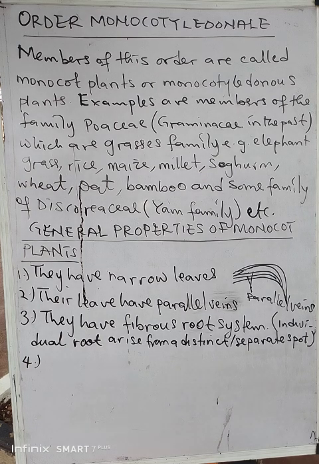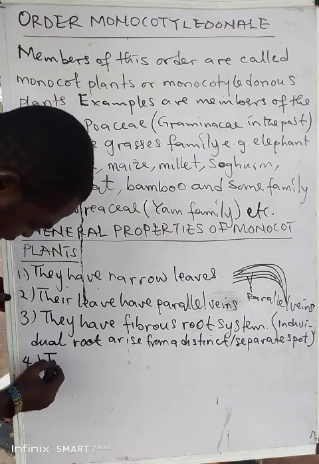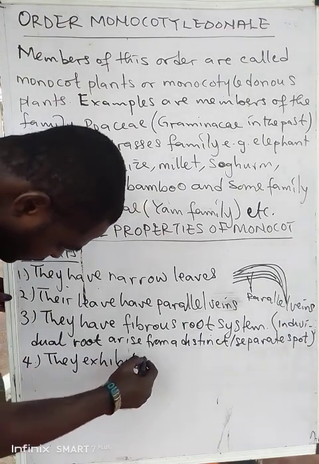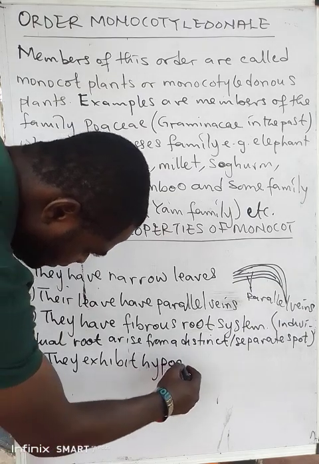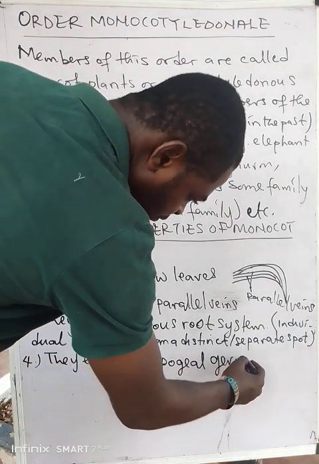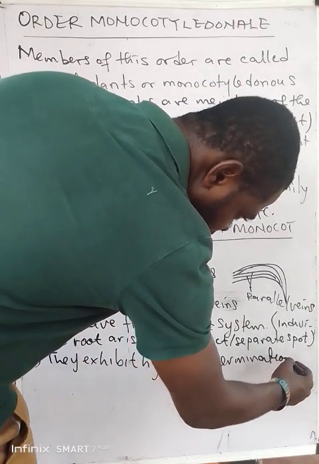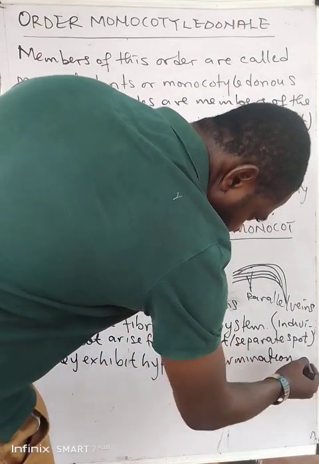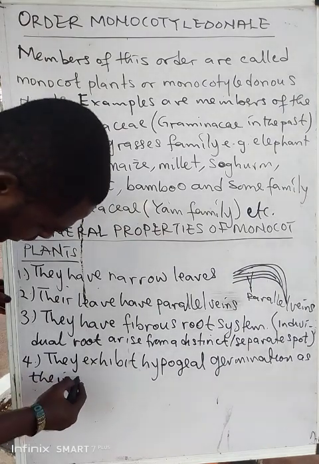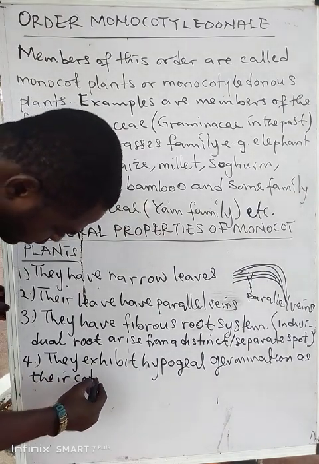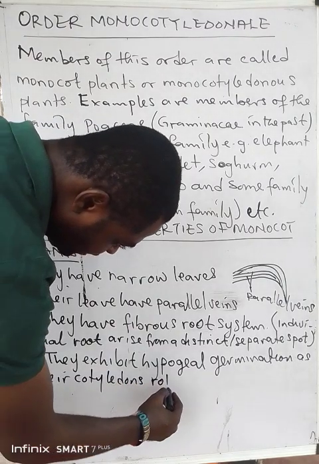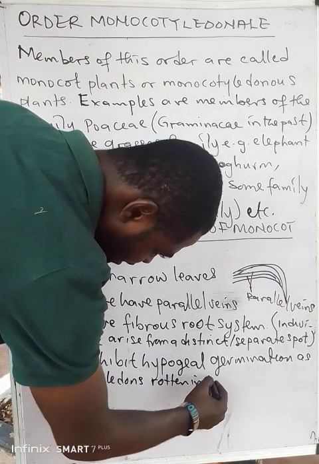So they exhibit hypogeal germination, as their cotyledons rot inside the ground.